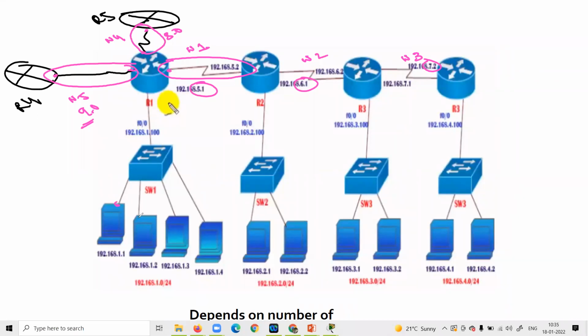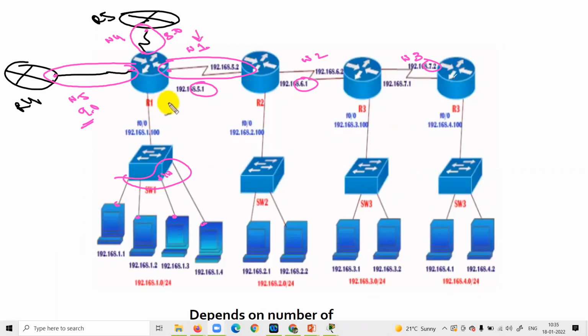A switch will always or mostly use the same network, right? You can see all these ports are in the same network. But here in the router, all ports are in different networks. This is network 5.0, 8.0, 9.0. So please understand this scenario.